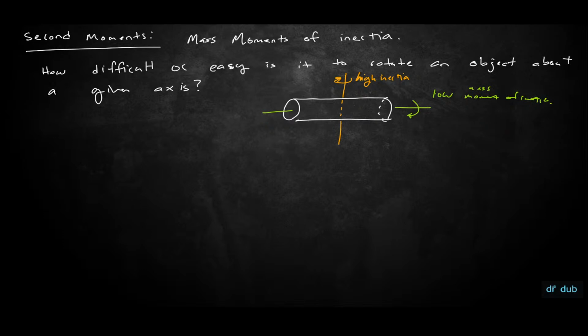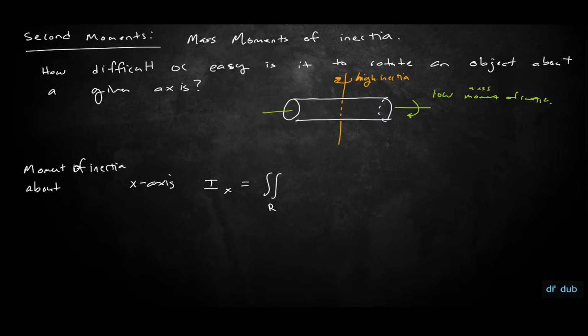So the moment of inertia about the x-axis is I sub x equal to, again, this is going to play into how the mass is distributed in the y direction.